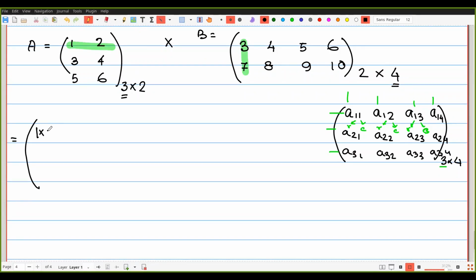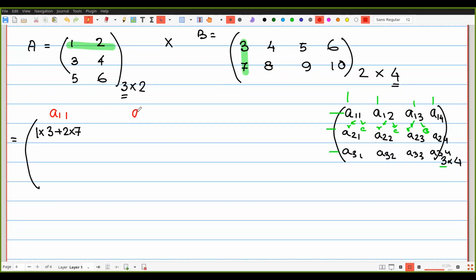So multiply like that: 1 into 3 plus 2 into 7. Once again, each and every element of the first row must be multiplied individually with the elements of the first column, and the plus sign must be there. That is our A11.